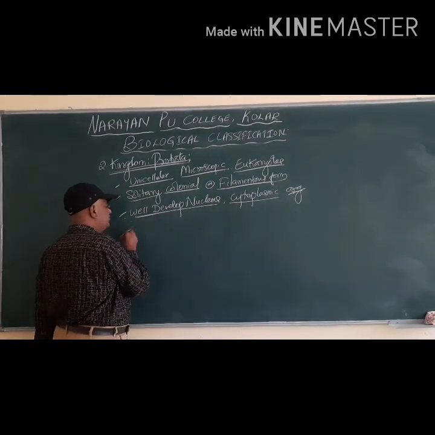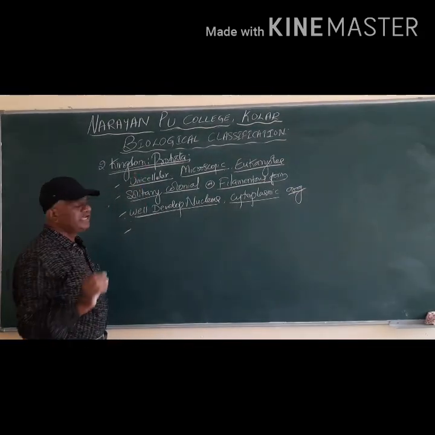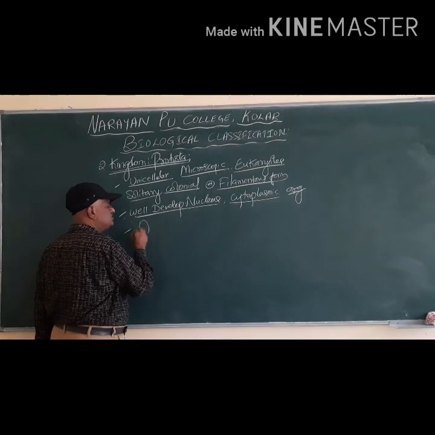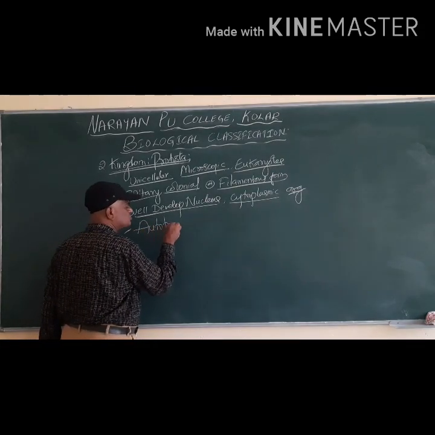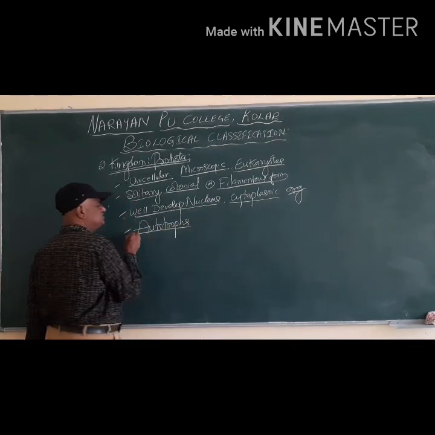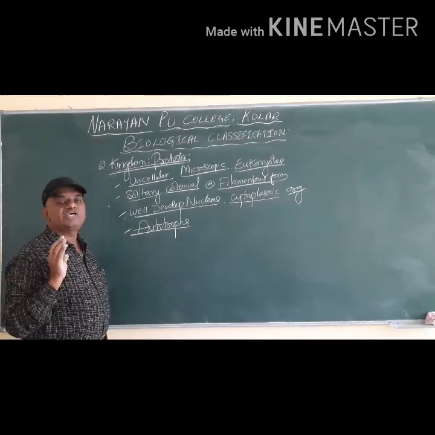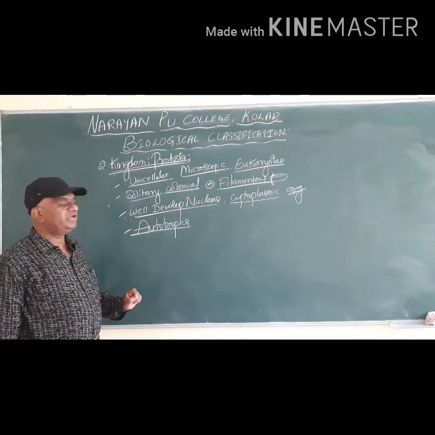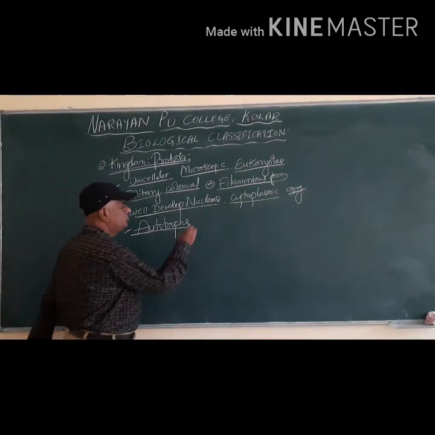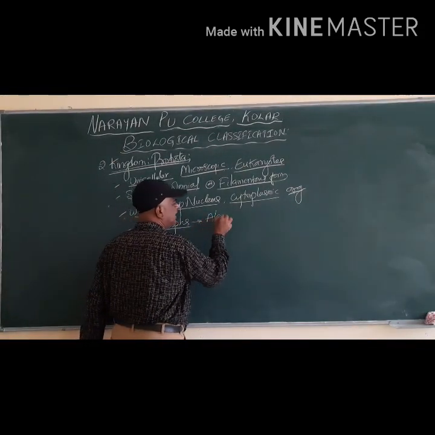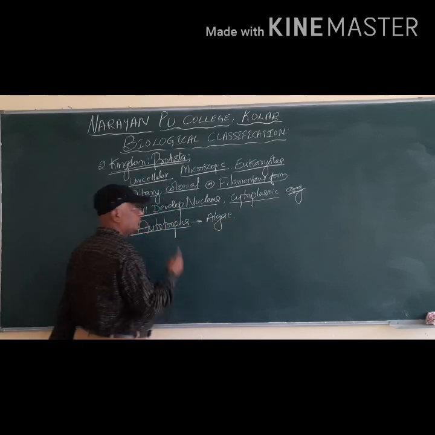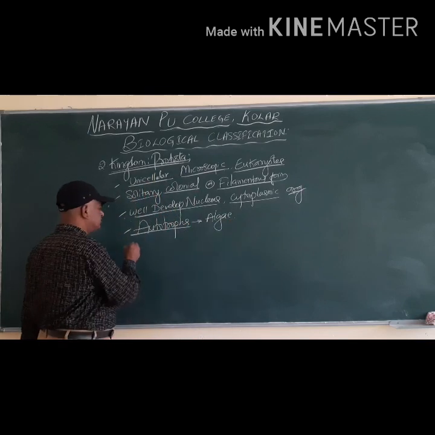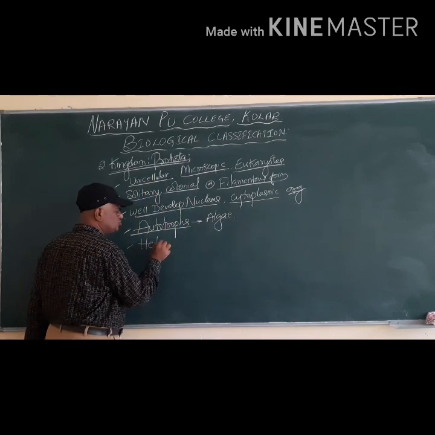Now, we will go for the next one. Kingdom protista has autotrophs. The meaning of autotrophs, they can prepare their own food. Here the example is algae. Same in kingdom protista, even heterotrophs are also present.